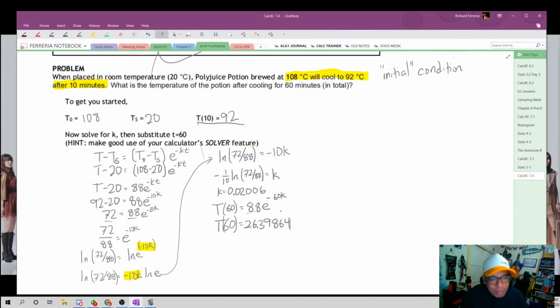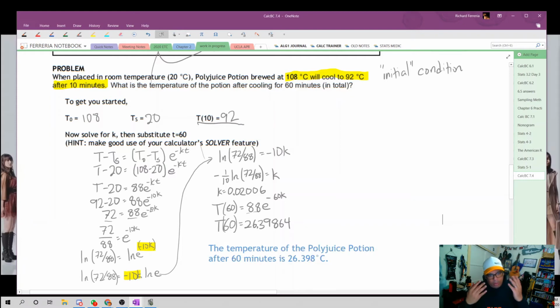I'm just in the habit of always writing down all five digits here, and like all the problems, I encourage you to write a sentence of summary. So the temperature after 60 minutes is about 26.398 degrees Celsius.